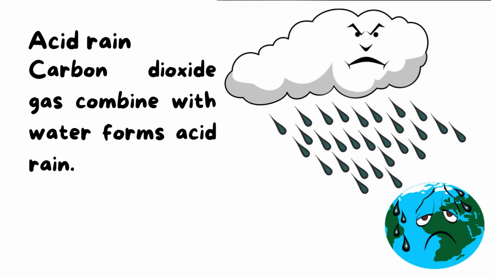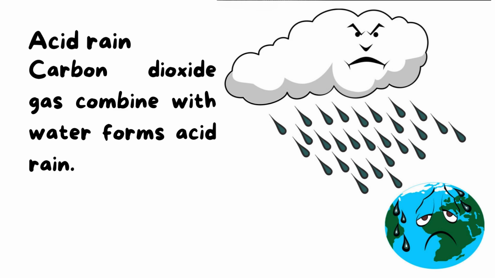The carbon dioxide changes this water into acid rain, and this makes the rain harmful, as acid rain causes many problems.